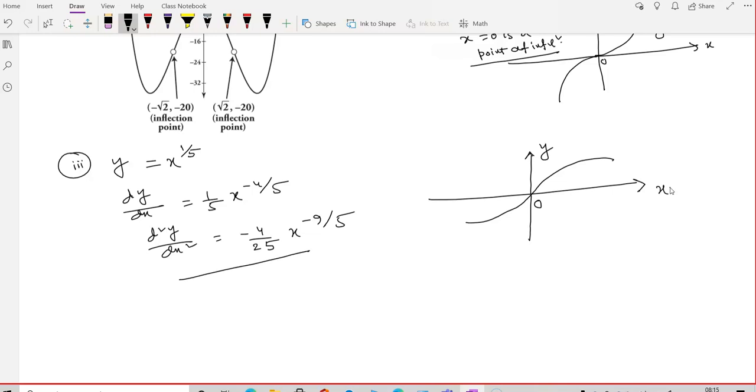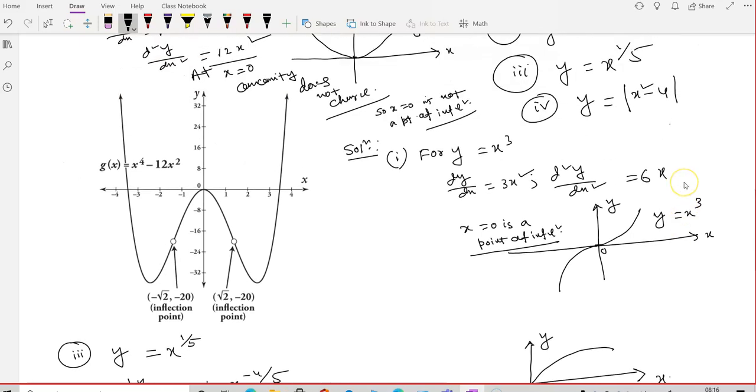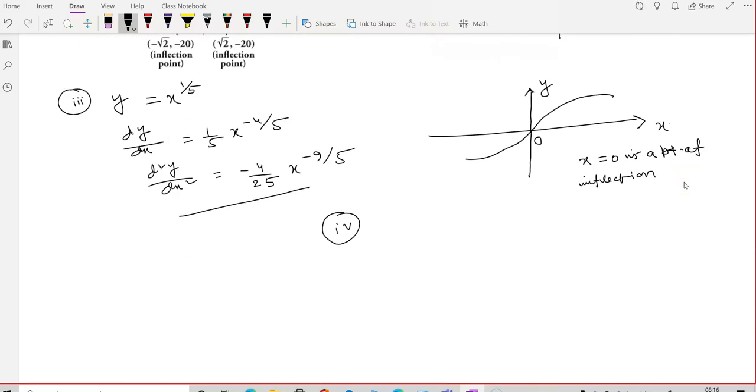So the graph will be concave up before the point x equal to 0 and concave down after it. So x equal to 0 is a point of inflection.